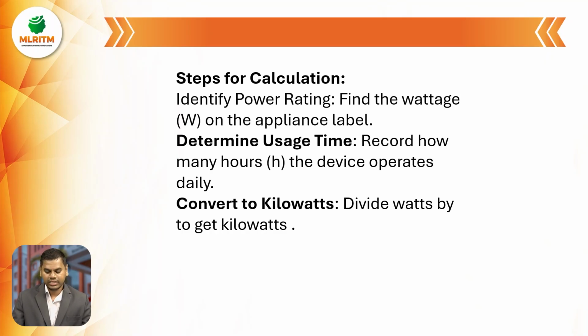In the on position, record how many hours the device operates daily. That is one of the steps for calculation in determining usage time. Next, convert to kilowatts: divide watts by 1000 to get kilowatts. These are the steps for calculating energy consumption.